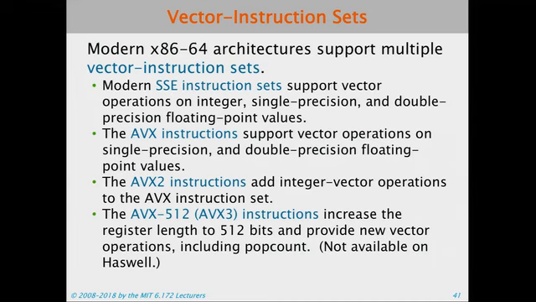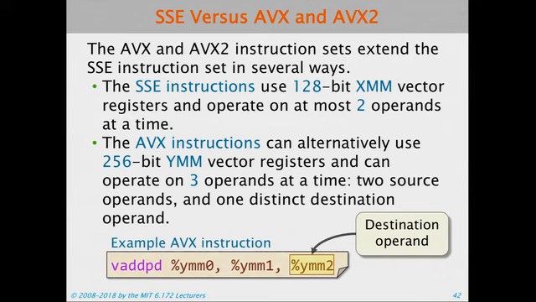x86 supports several instruction sets, as I mentioned. There's SSE, there's AVX, there's AVX2, and then there's now the AVX 512, sometimes called AVX3, which is not available on the machines that we'll be using, the Haswell machines. Generally, AVX and AVX2 extend the SSE instruction set by using wider registers. The SSE uses wider registers and operates on at most 2 operands.